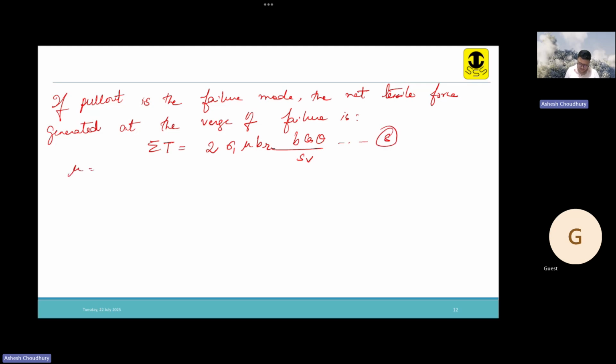The mu is friction factor, nothing but tan delta. Okay.